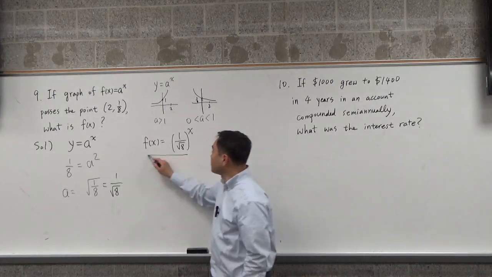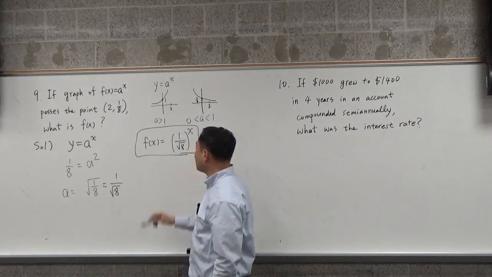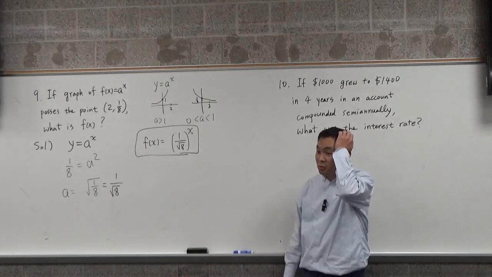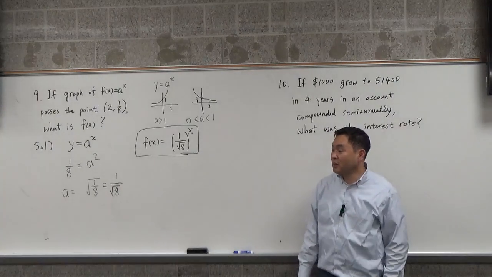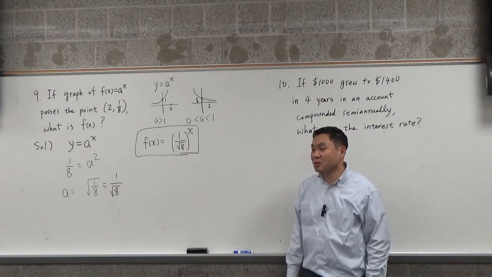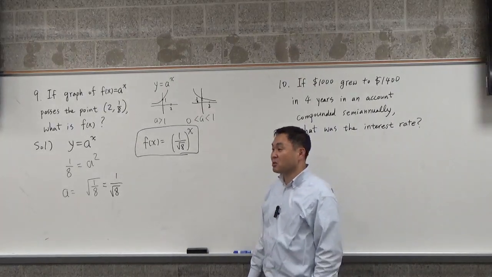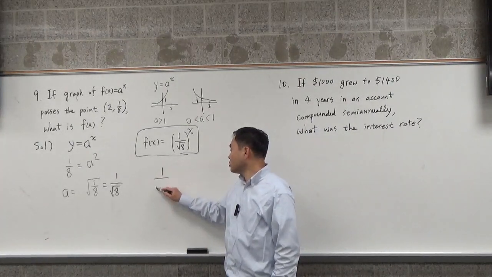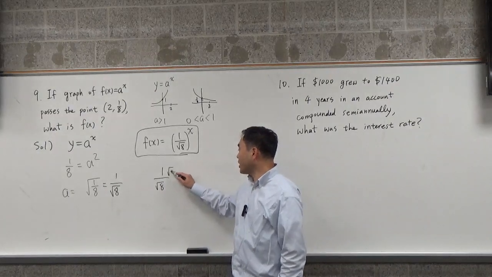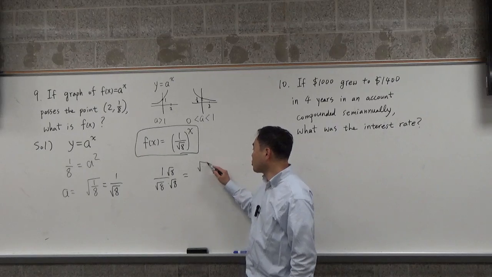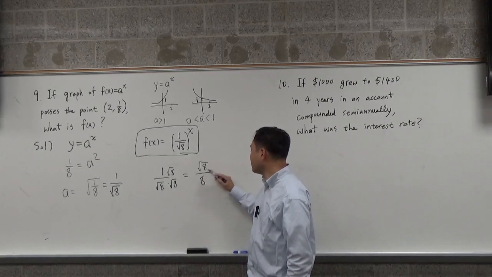So that's the answer. However, as I said, it's not a good thing to have a square root in the denominator. So anytime you have a square root in the denominator, you should rationalize the denominator. How do you do that? You multiply by the square root of 8 top and bottom, so that you get square root of 8 over 8.